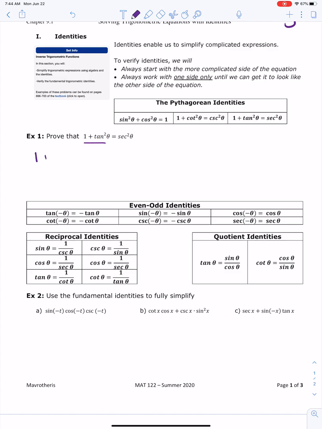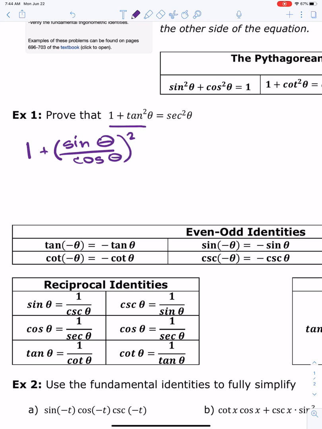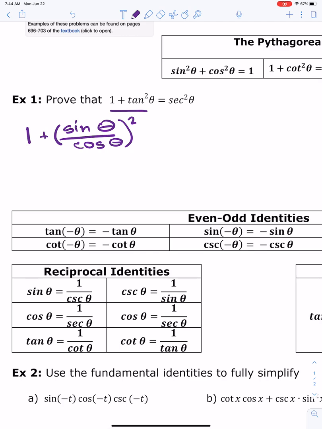I know that tangent can be written as sine over cosine. And so I am going to start with that. And I'm going to keep it lined up under that left side until I can simplify it so that it looks like the right side.